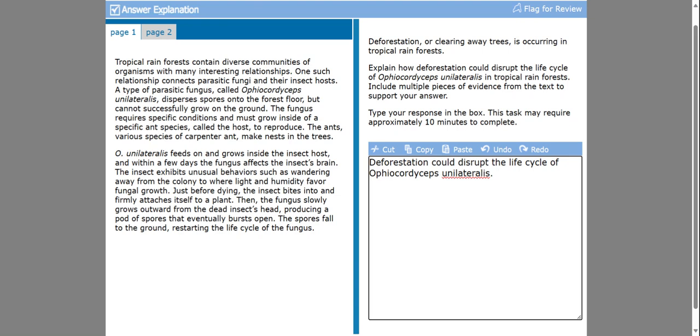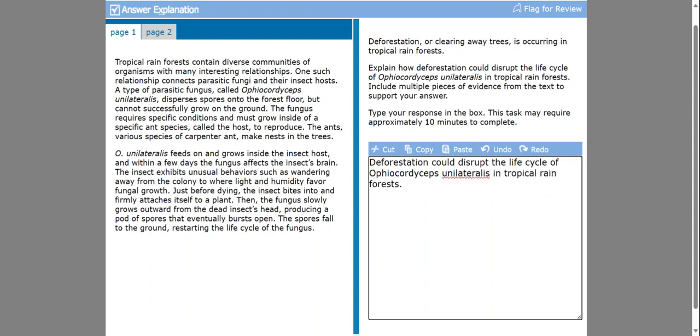And here I can now go ahead and begin responding. So, deforestation could disrupt the life cycle of Ophiocordyceps unilateralis in tropical rainforests.